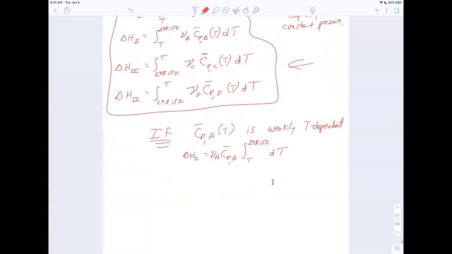But the integral of dt between the two limits is just 298.15 Kelvin minus T. And so that would be delta H1 if Cp is weakly temperature dependent, and you can assume that it's constant. Okay, and likewise for delta H1, 2, 3, 4 for species B, C, D and whatever species you have. Okay, so any questions? I think that's rather simplistic.